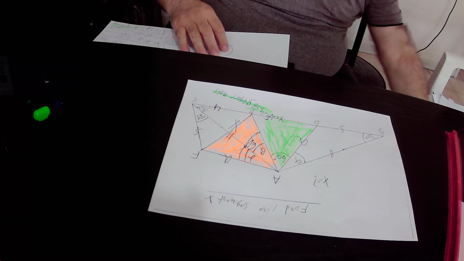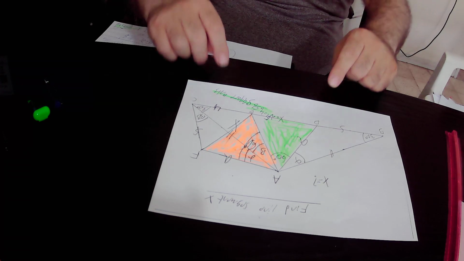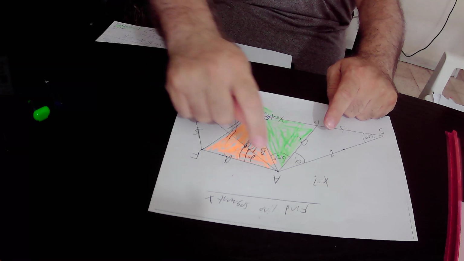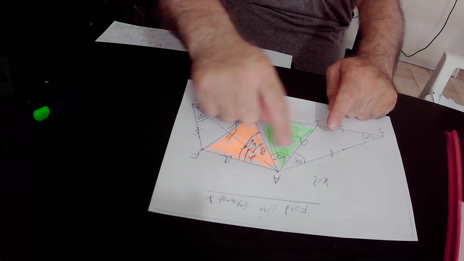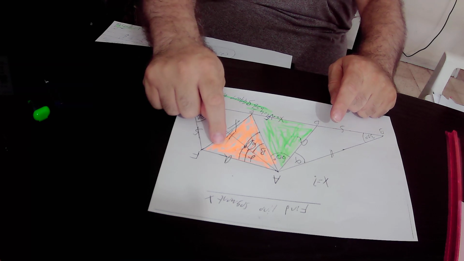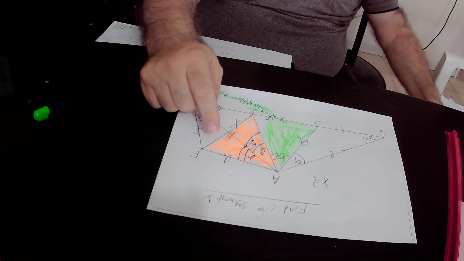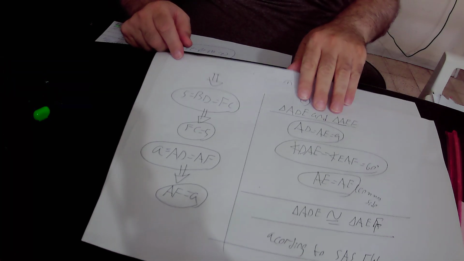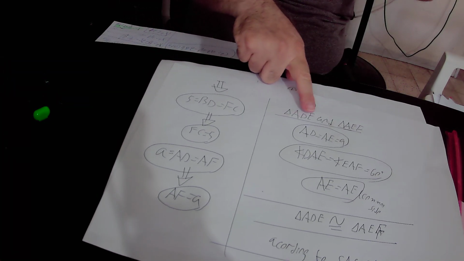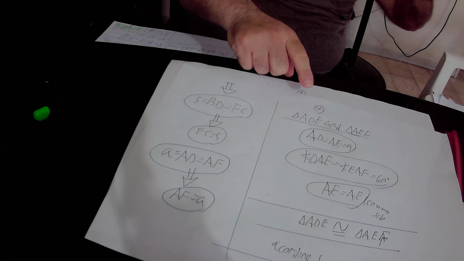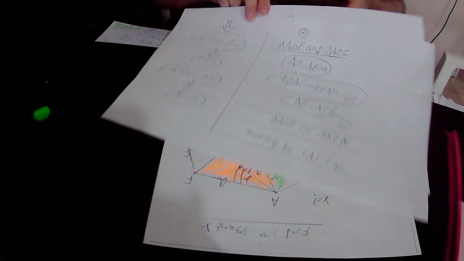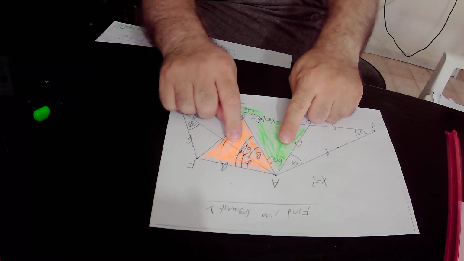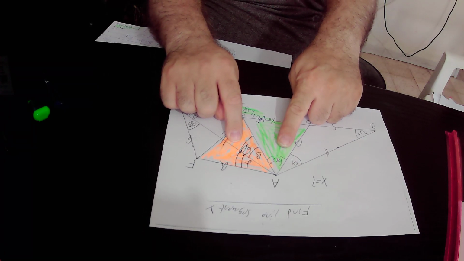First of all, we have side AD that is equal to side AF. Side AD equals side AF, they are both equal to a. Here side AD equals side AE, they are both equal to a, therefore they are equal to each other. In addition, those two angles, they are both equal to 60 degrees, therefore they are equal to each other.